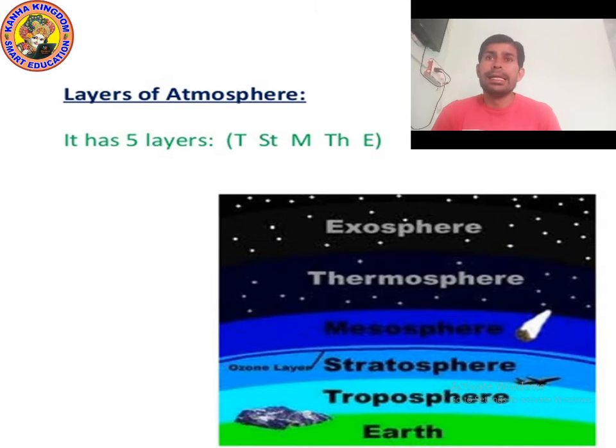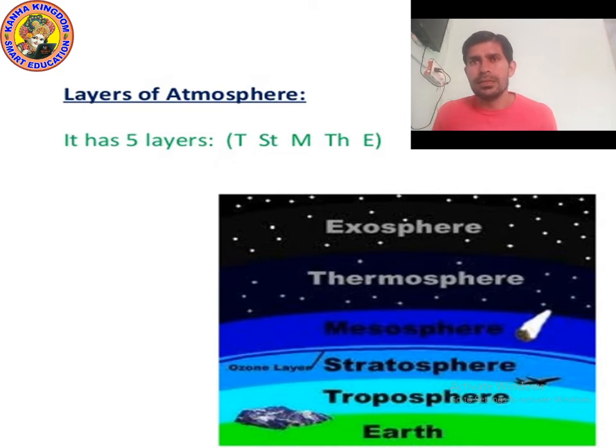Okay, it's layers of atmosphere. So there are five layers of the atmosphere. As we know that we live on the earth, the first layer is troposphere, the second layer is stratosphere, the third layer is mesosphere, the fourth layer is thermosphere, and the fifth layer is exosphere.